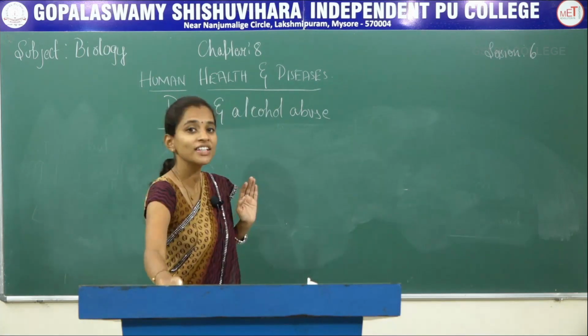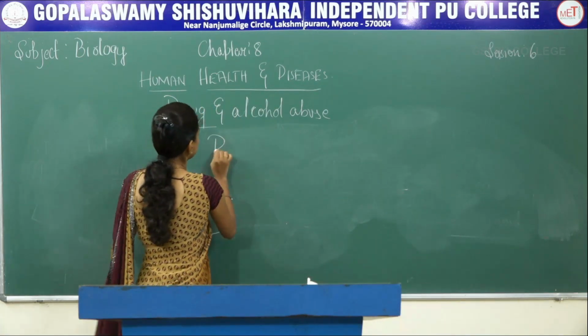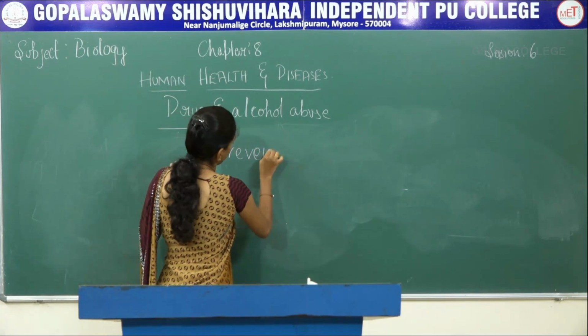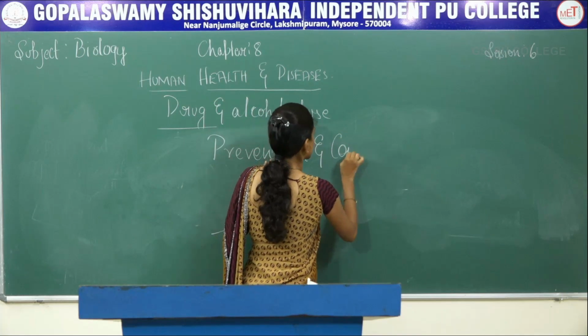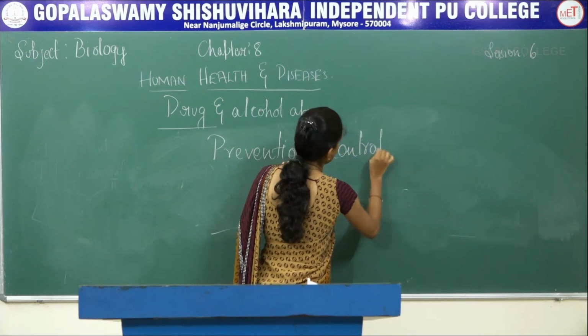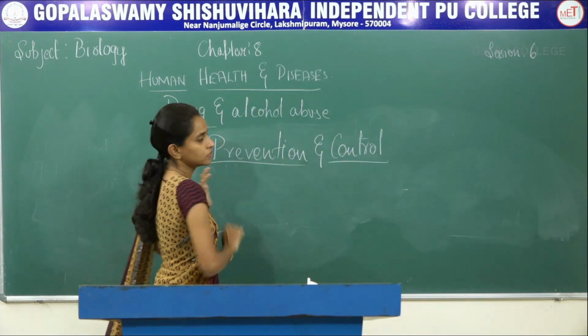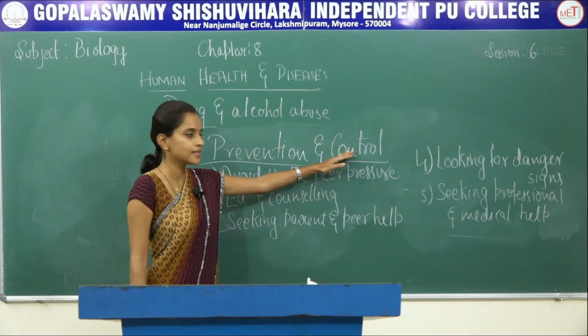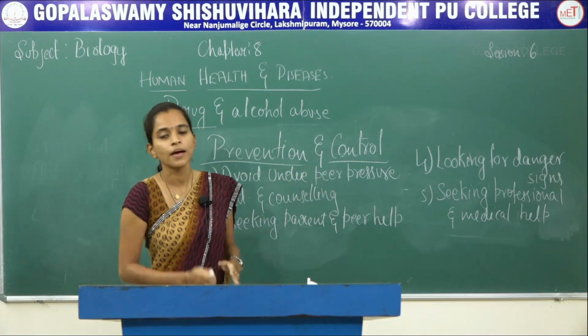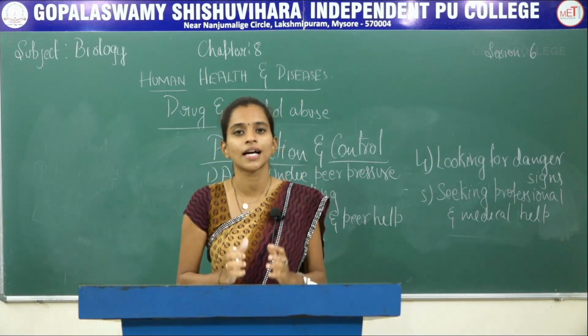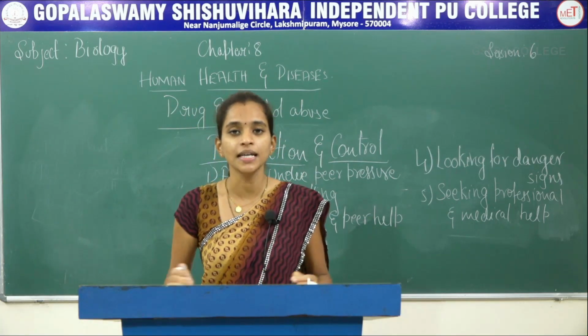Next is the prevention and control methods. These include avoiding undue peer pressure, making sure that your child doesn't face any peer pressure.